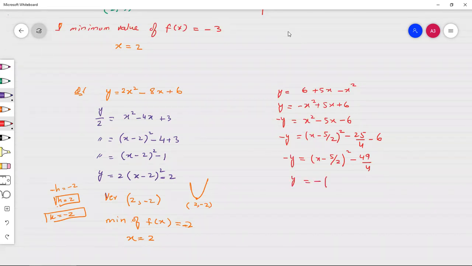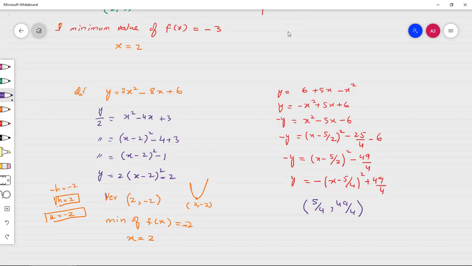This would be minus into x minus 5 by 2 whole square, and this would become plus 49 by 4. So the vertex in this situation would be: minus h is equal to minus 5 by 2, so h would be 5 by 2, and the value of k would be 49 by 4.